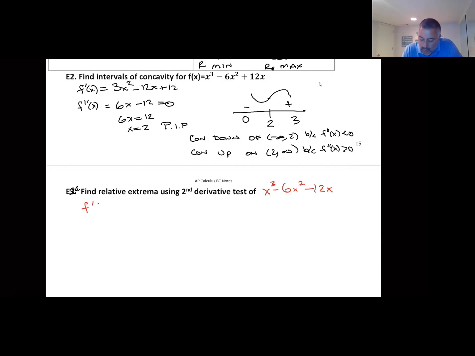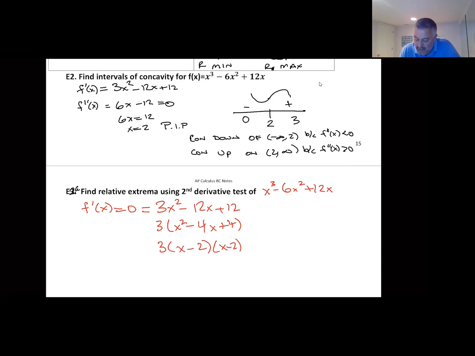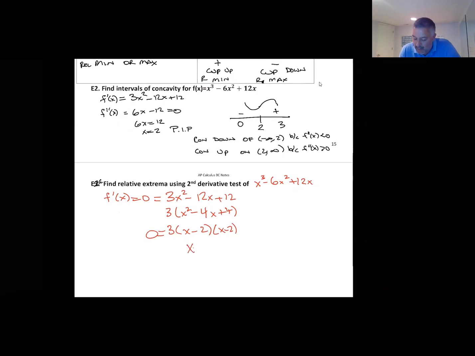First derivative, which is 3x squared minus 12x plus 12, which is 3 times x squared minus 4x plus 4, which is 3 times x minus 2, x minus 2, which means that x equals 2, I have first derivative critical numbers.